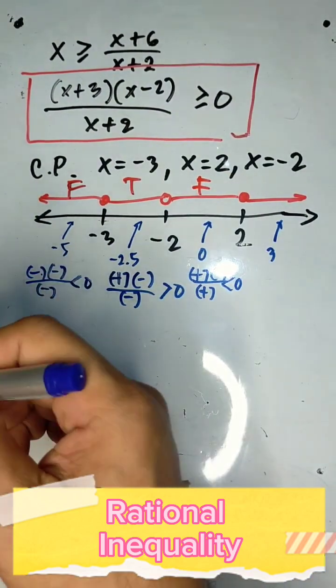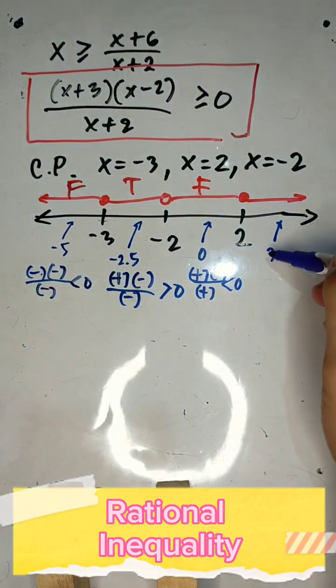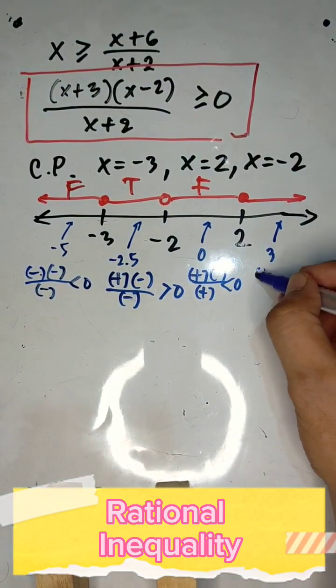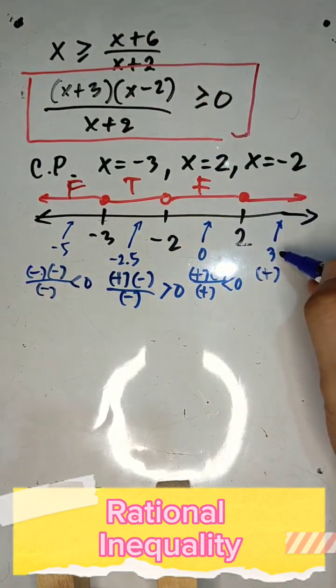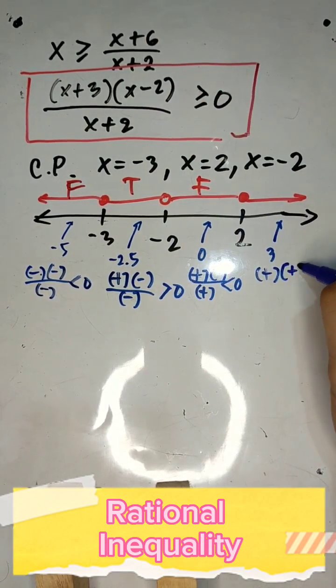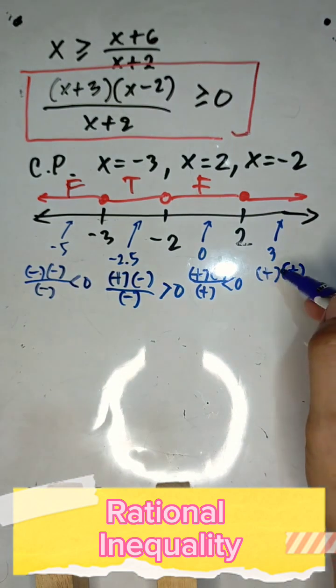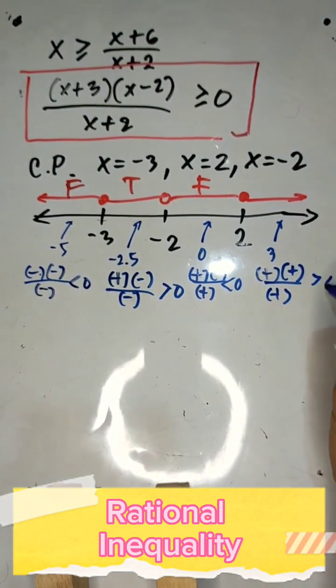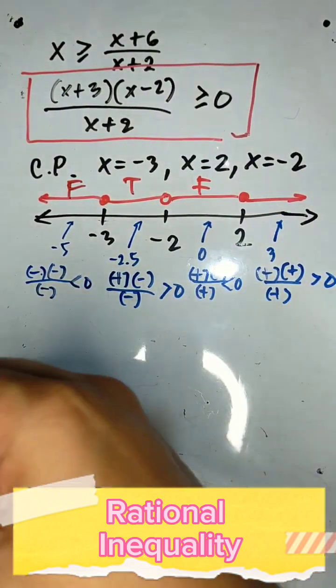The next test point is 3. So that's 3 plus 3, which gives us positive. Then 3 minus 2 gives us positive. Then 3 plus 2 gives us positive 5. It's all positive, so that's positive. So this interval here is true.